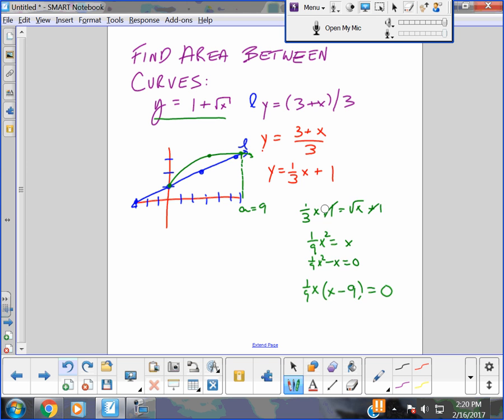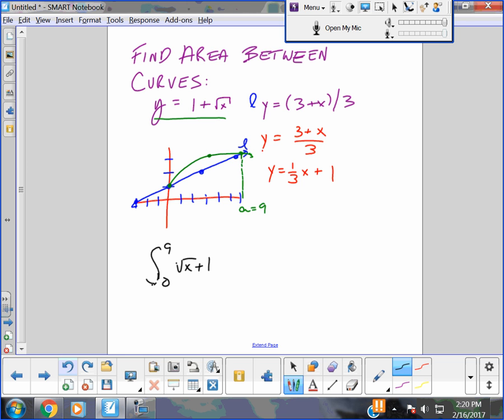And again, the green is just the algebra you need. But we really should be able to set up this integral right now rather quickly. 0 to 9 are the limits of integration. The top curve is obviously, I'm going to write it this way. Is that okay with everybody? And then the number one mistake, minus the lower curve, which I'm going to have to put in parentheses here, because the negative sign is going to distribute.